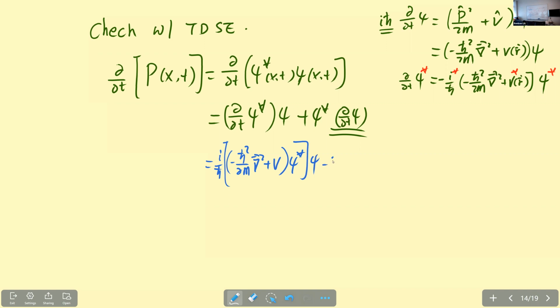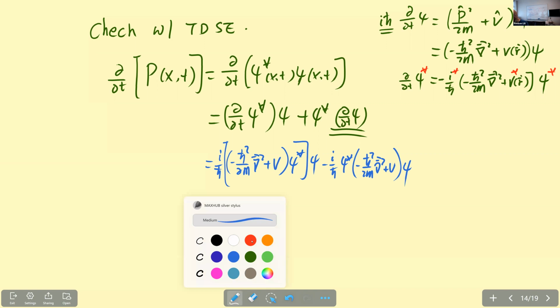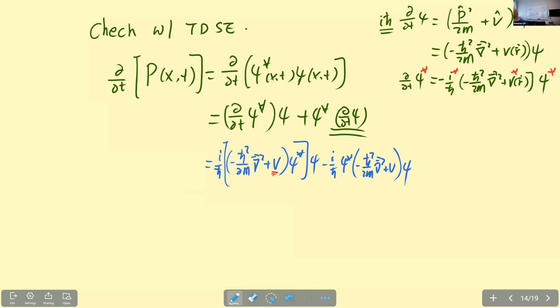And then another one is minus i over h bar, this is psi star, and what's inside is... Okay. And now you can see that this one is just a function times this one, right?